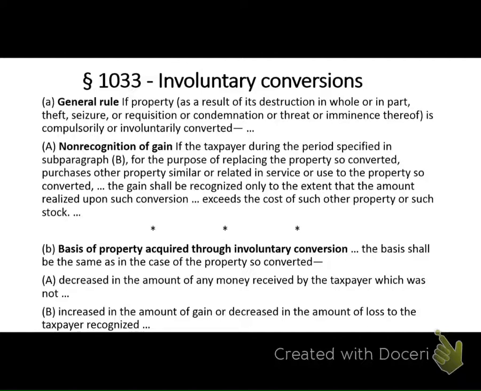So if you had a house worth $500,000 and you had an adjusted basis in that house of $100,000, essentially when the insurance company is giving you the $500,000, you would normally have to recognize that gain, right? You had a piece of property with an adjusted basis of $100,000, a fair market value of $500,000, and your insurance company is giving you $500,000 for the property.